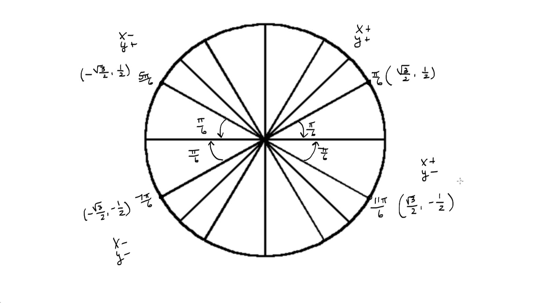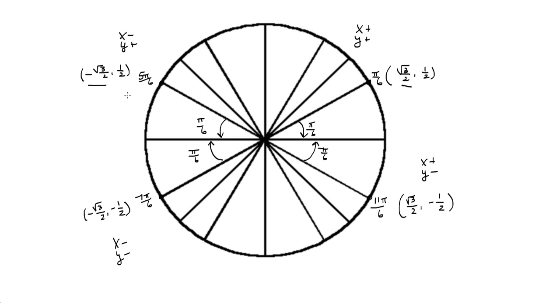Okay? So what we're saying is that if two angles have the same reference angle, they're going to have the same coordinates. And therefore, they're going to have the same trig functions other than sign differences. Okay? Pi over 6 has a cosine of radical 3 over 2. 5 pi over 6, that has the same reference angle of pi over 6, has a cosine of negative radical 3 over 2.